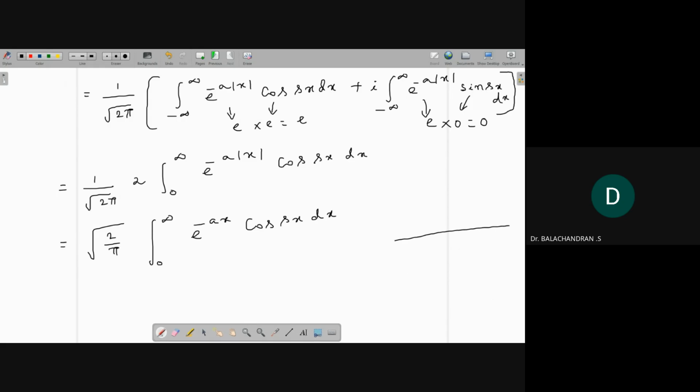The integral of e power ax into cos bx dx is equal to e power ax by a square plus b square into (a cos bx plus b sin bx).